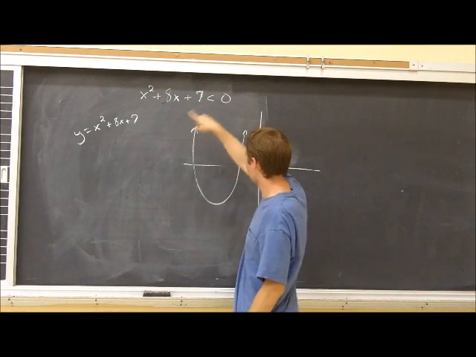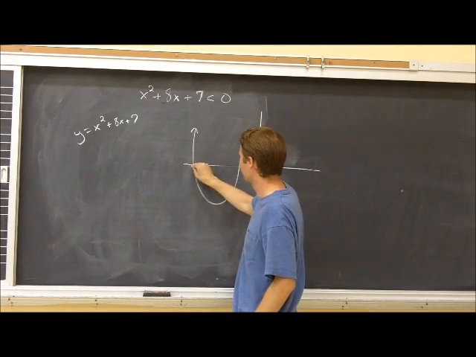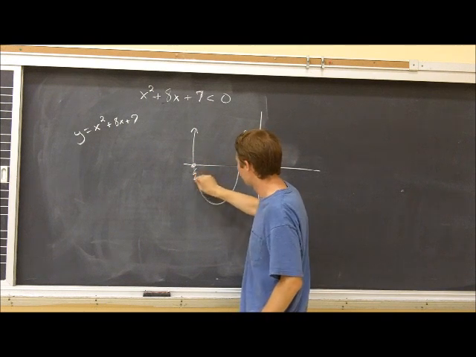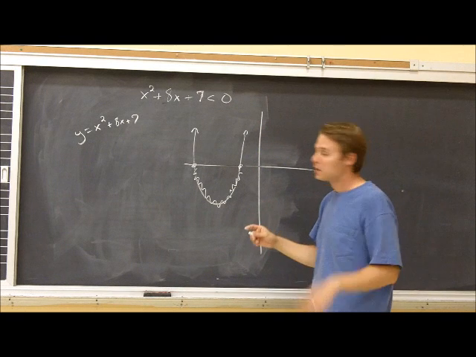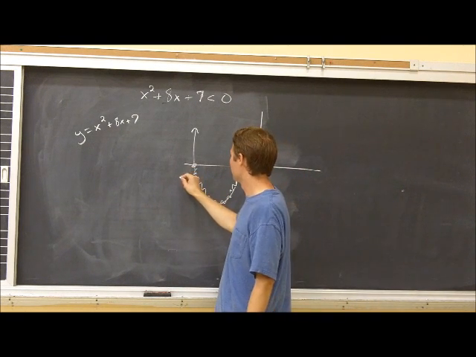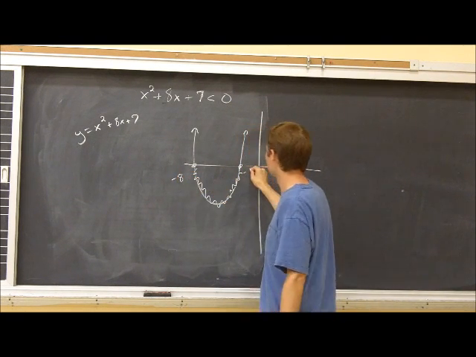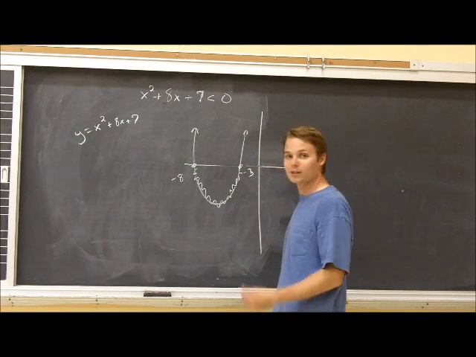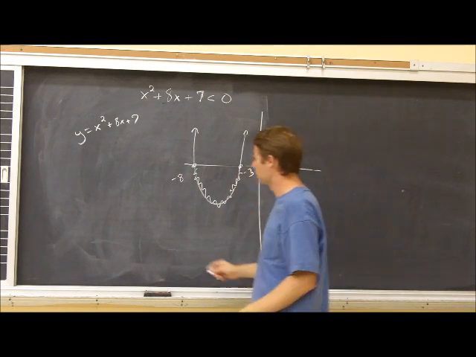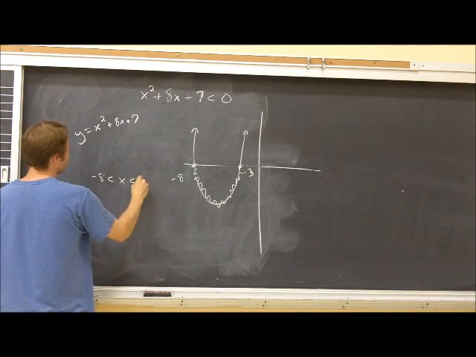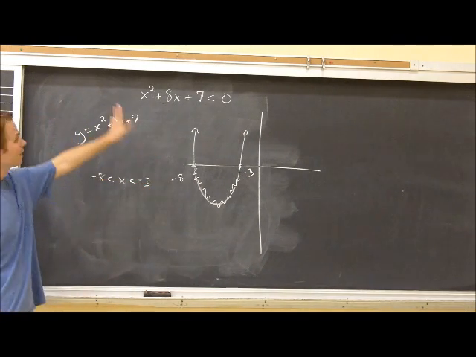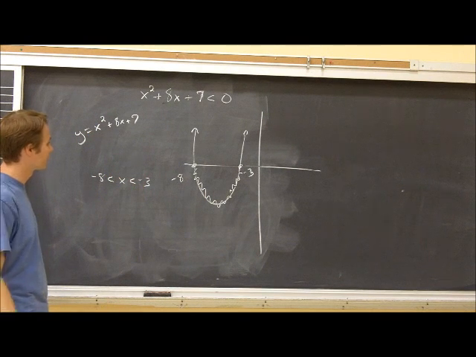So in other words, if this were a picture of this graph, then I would say that this graph is less than 0 on this interval, right? Let's just say maybe this was a -8, and maybe this was a -3. So I could say that this entire graph was less than 0 between x equals -8 and x equals -3. Now again, this is not the graph of this, but I'm just using this as an example.